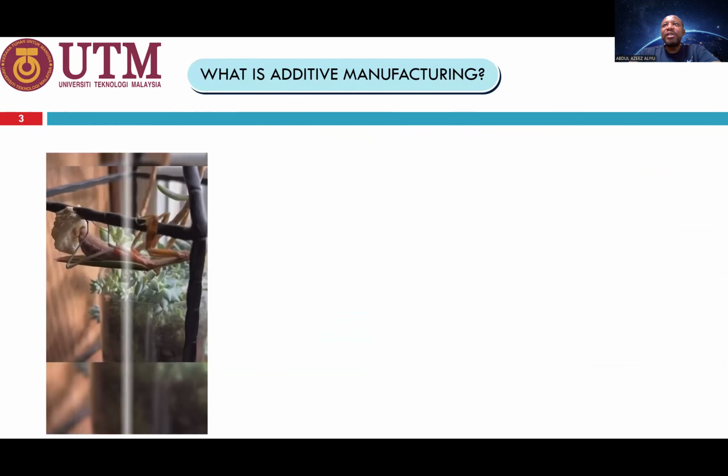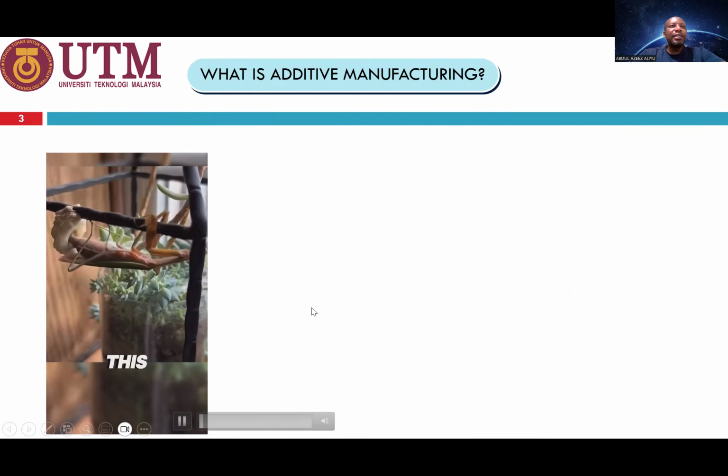Before we go further, we need to understand the definition of additive manufacturing. Additive manufacturing technology has been with us for decades, only that we didn't realize it until recently, around the 1980s, when the concept was introduced at MIT.